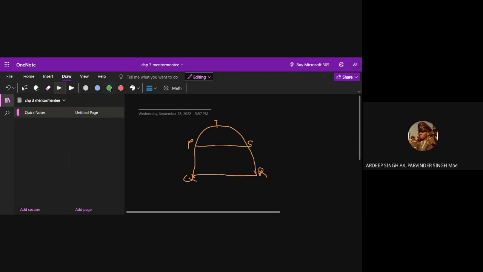Can you see? PTS is a semicircle. They say the total area is 105 cm squared, and they ask to calculate the radius of the PTS. So radius is where? Radius is from here to here. This is the radius. This is the radius.